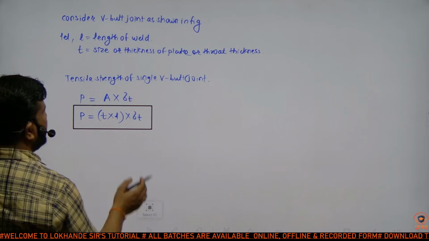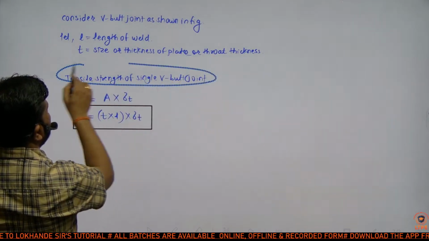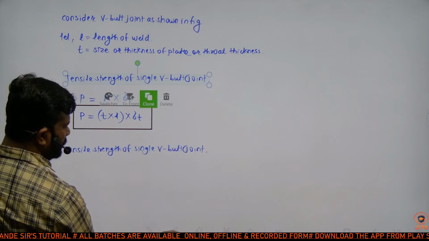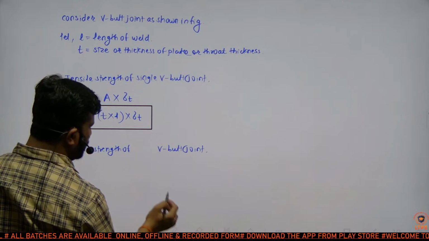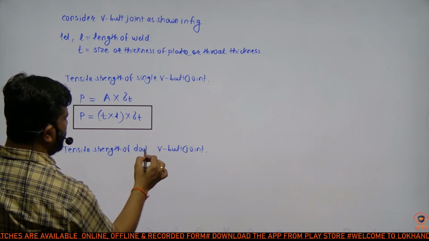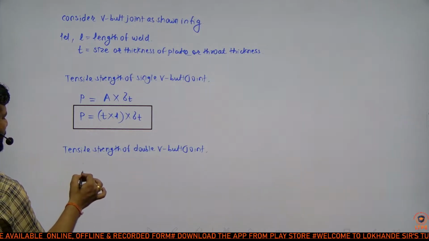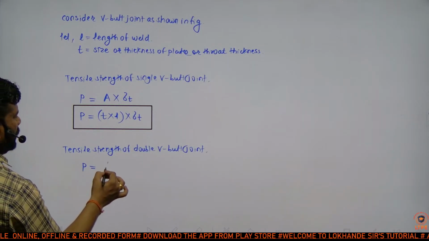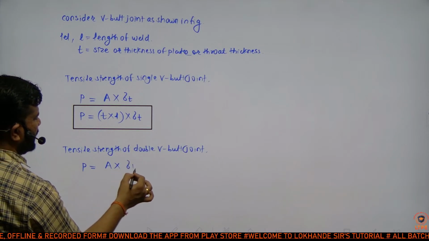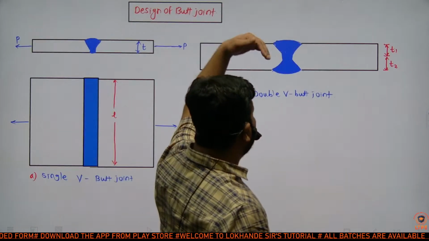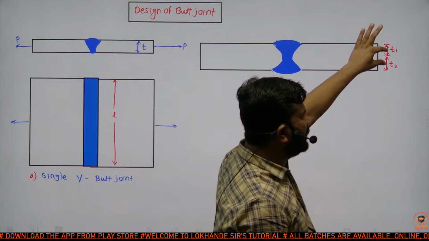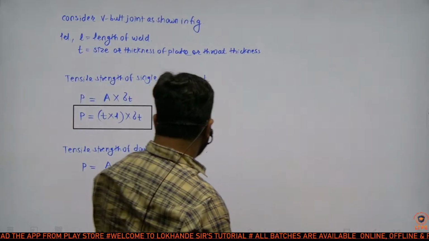If the joint is double V butt joint, instead of single, then tensile strength is equal to, again, resisting area into tensile stress. So resisting area is, length is L, but thickness is T1 plus T2.